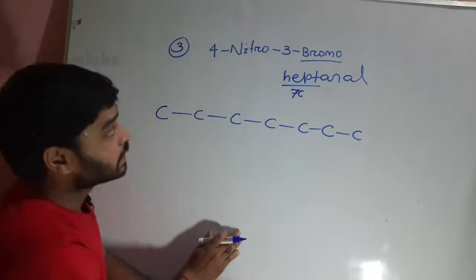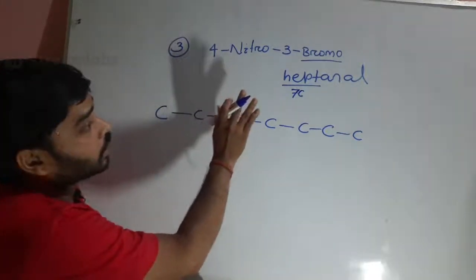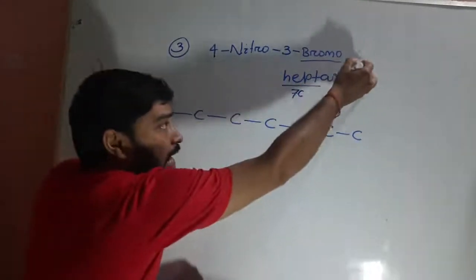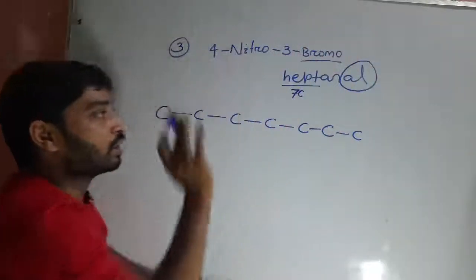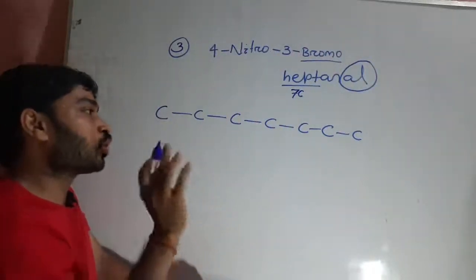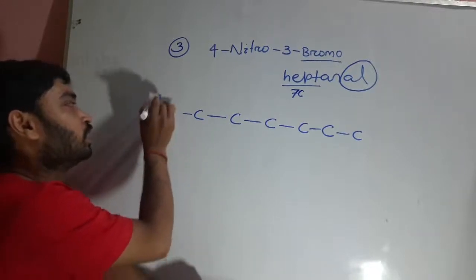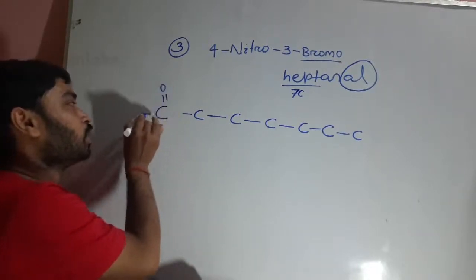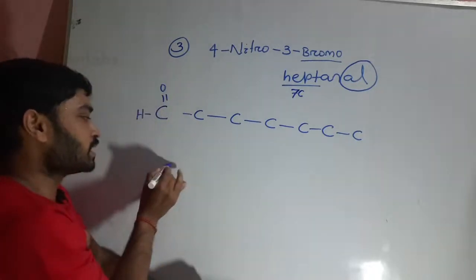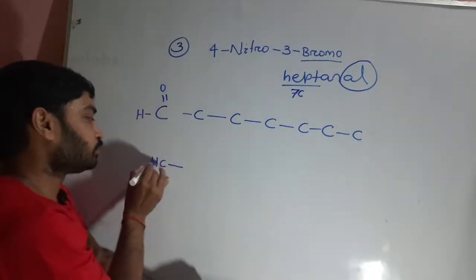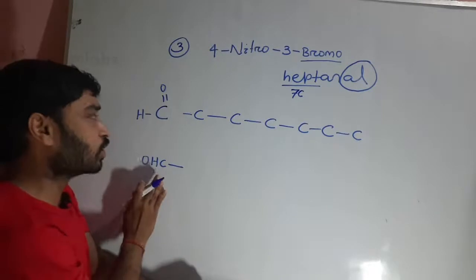In this case, the functional group is aldehyde. So the aldehyde functional group should occupy the number 1 position. I am placing the number 1 position from this side, that means C double bond O single bond H. C double bond O single bond H means CHO. It is the actual functional group for aldehyde.